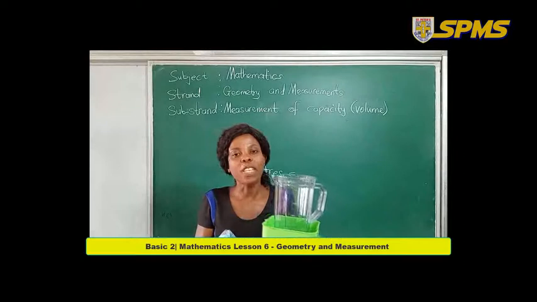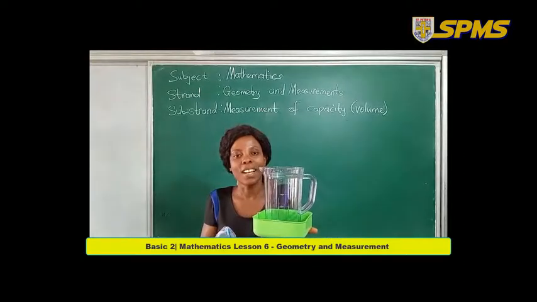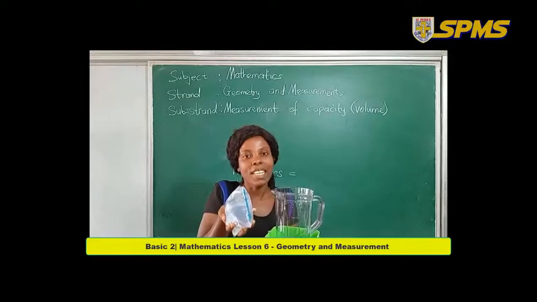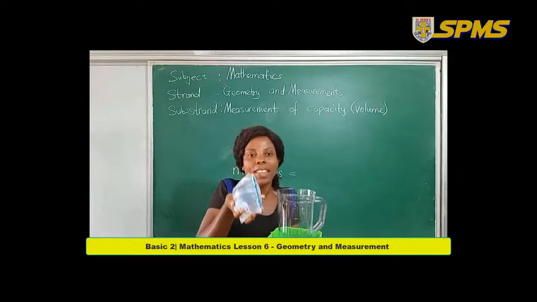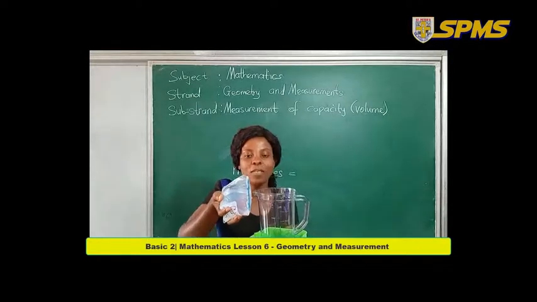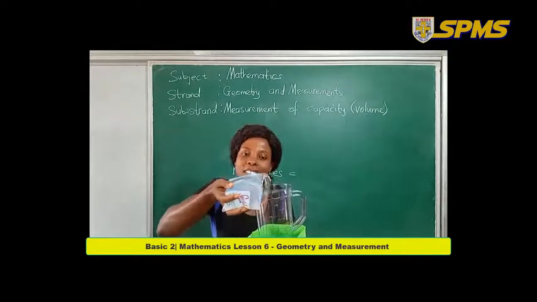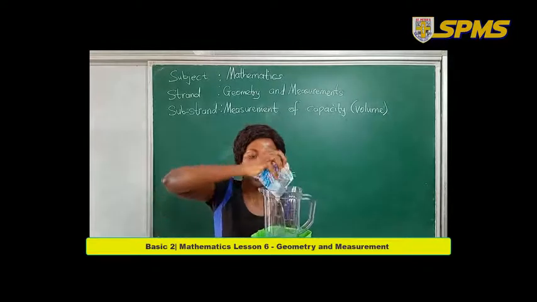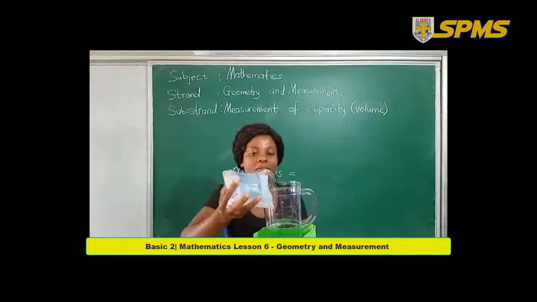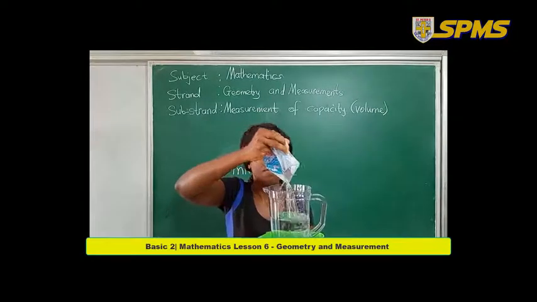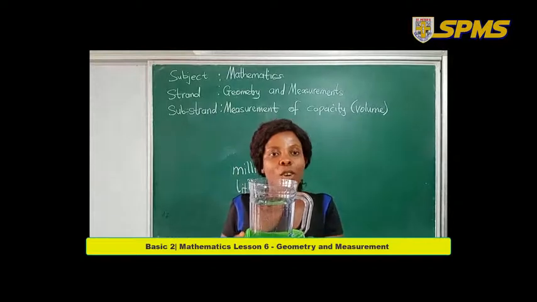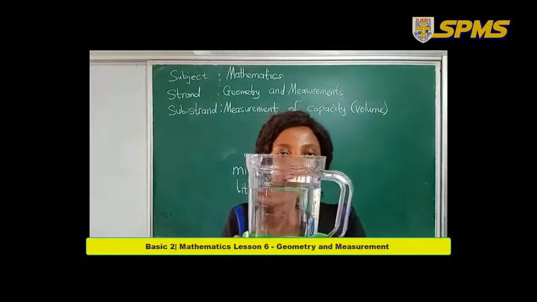I'm going to fill this jug, which is 1 liter, with sachet of water. Let's see the number of these bags that will fill this jug to be 1 liter. This is 1 sachet. Look at the level of the water.